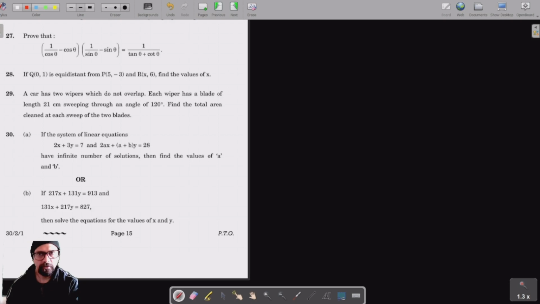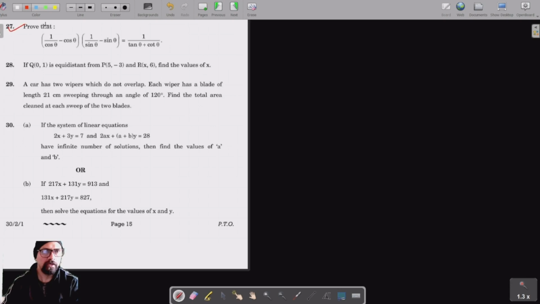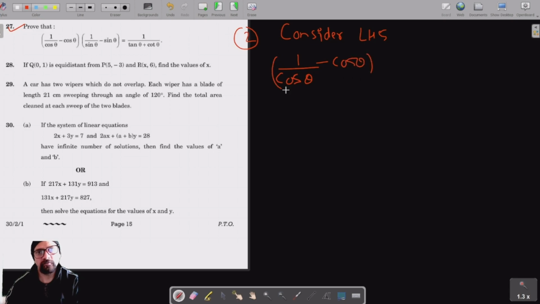For question number 27, we have to prove the trigonometric identity. It says that 1 upon cos theta minus cos theta, multiplied with 1 upon sin theta minus sin theta, is equal to 1 upon tan theta plus cot theta. So let's consider the left hand side. This is 1 upon cos theta minus cos theta into 1 upon sin theta minus sin theta.